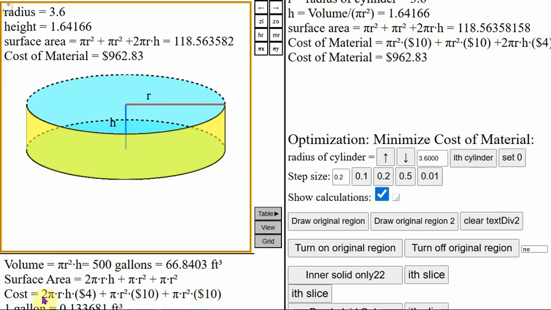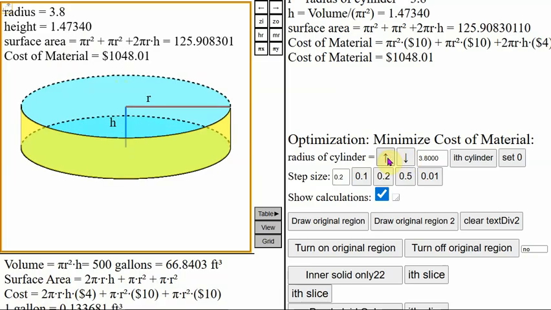So this is the cost function right here. When the radius is 3.6, the height is 1.64166, and we can calculate the cost using this cost function. We will get $962.83.